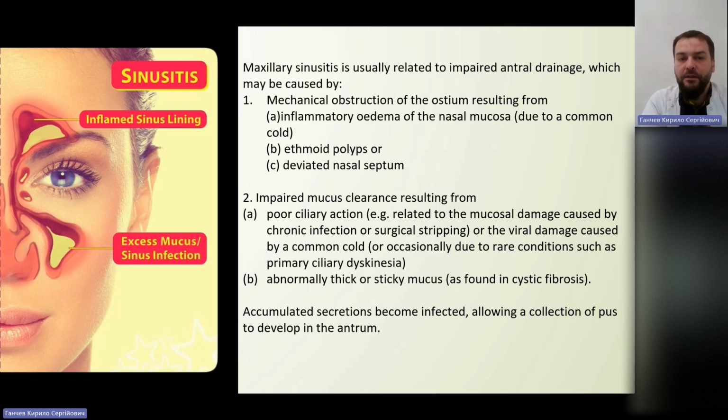Abnormally thick or sticky mucus, as found in cystic fibrosis. Accumulated secretions become infected, allowing a collection of pus to develop in the antrum, as I tried to describe before.